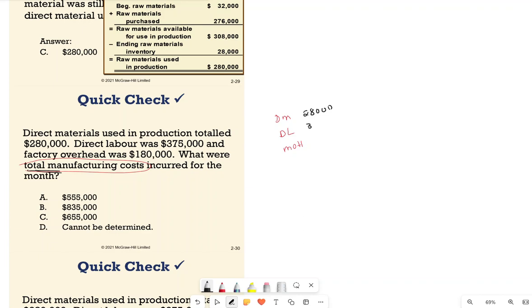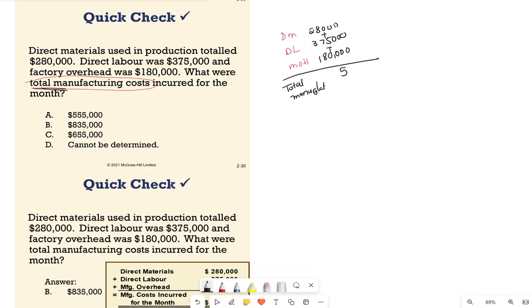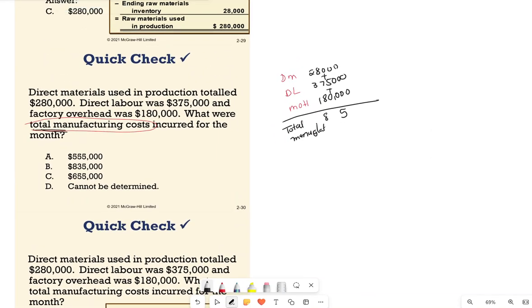Direct labor is 375, and we have a factory overhead cost which is 180,000, and that is called my total manufacturing cost. If I add all these three numbers, I will get 835. So that's what will be my total manufacturing cost.